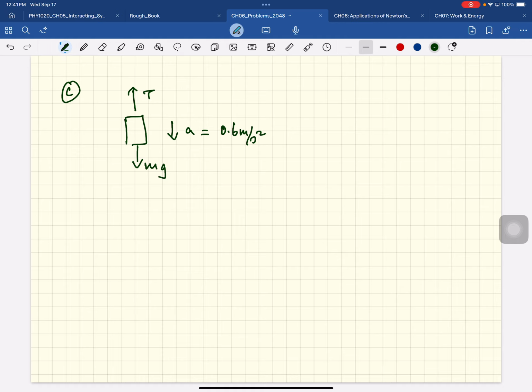So we'll choose this direction as positive. mg minus tension will equal m times a. Okay. We'll bring this over on that side, this over on this side. So tension is equal to mg minus ma.